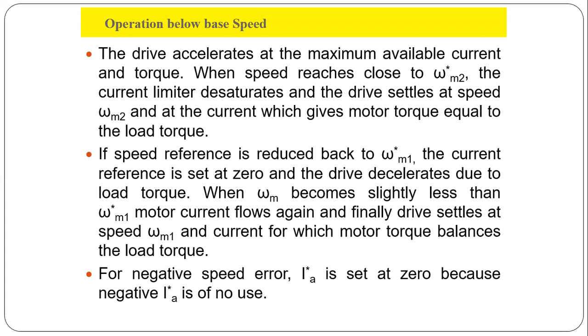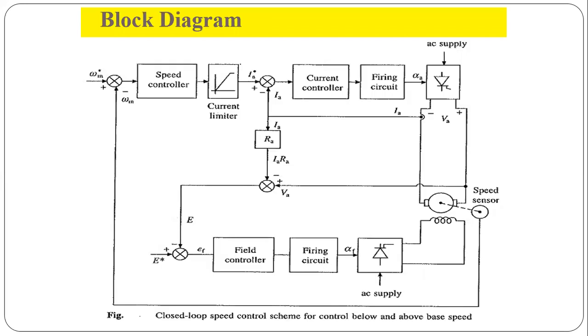For negative speed error, I star A is set at 0 because negative current is of no use. So this is the operation below base speed.